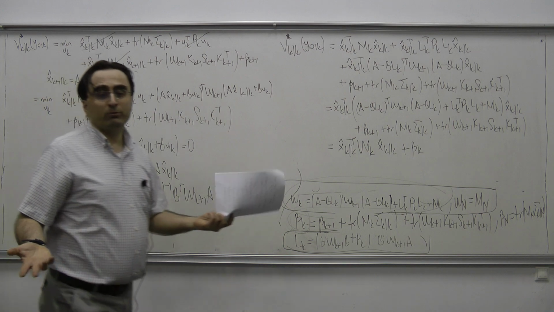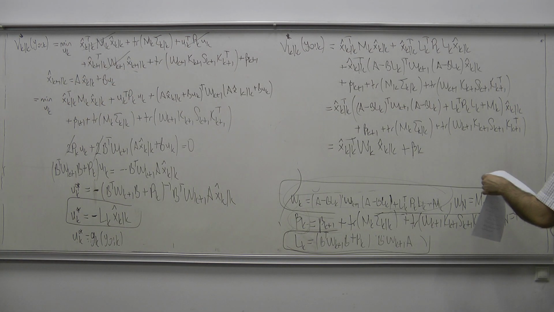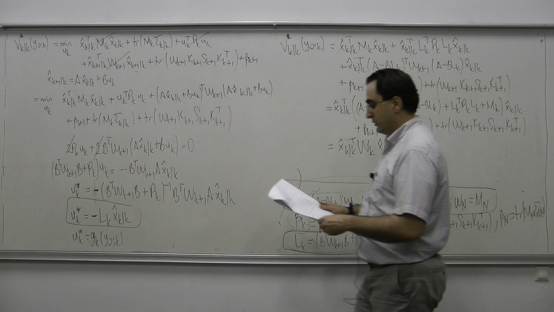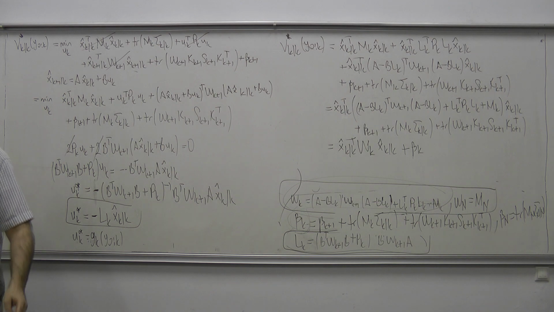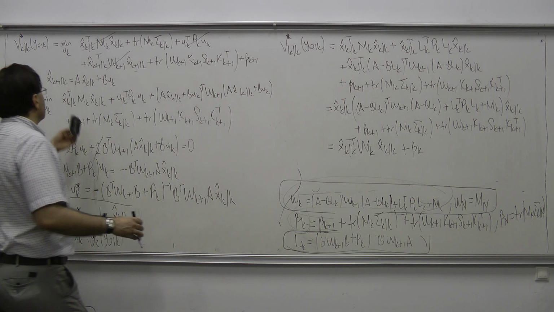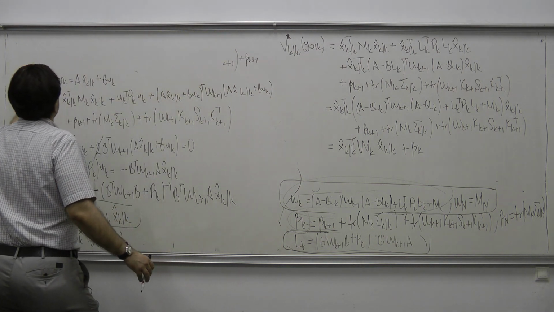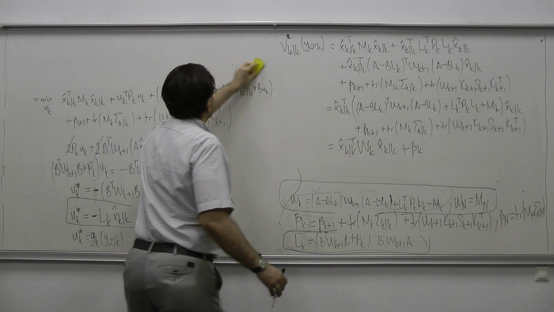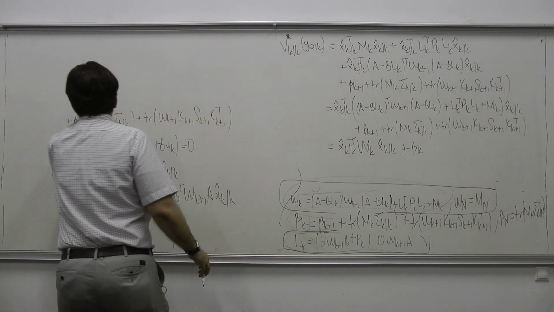So we have solved this optimal control problem with partial information. And one of the last things that remained is to calculate the final optimal cost.